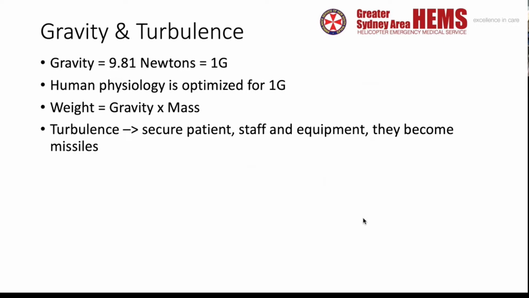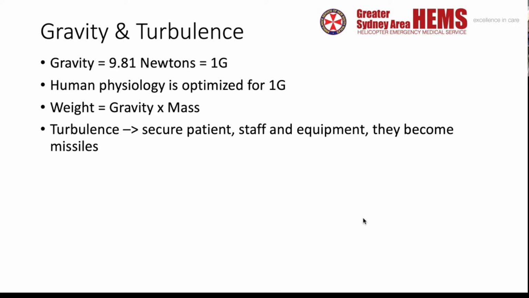A couple of things on the list on the Diploma list are gravity and turbulence. Gravity is measured in newtons. It's equal to the effect on our bodies of gravity. The Earth's gravity at sea level is 9.81 newtons, which equates to 1 G. And it sounds obvious, but all of our physiology is optimized for that.